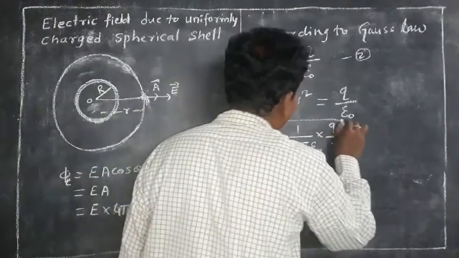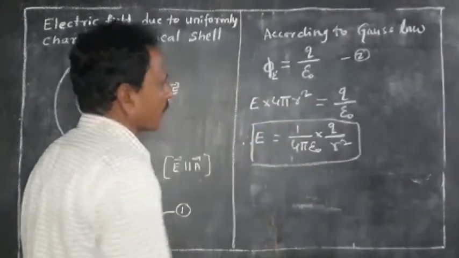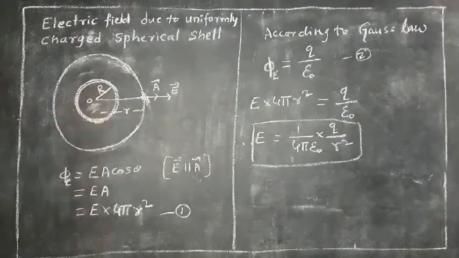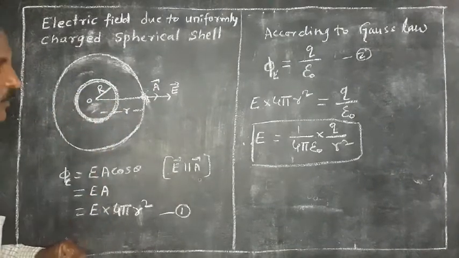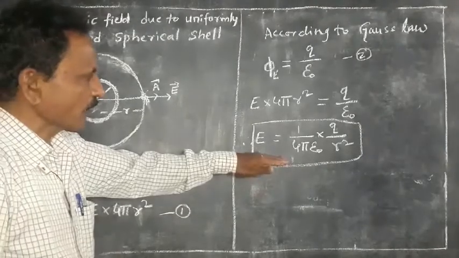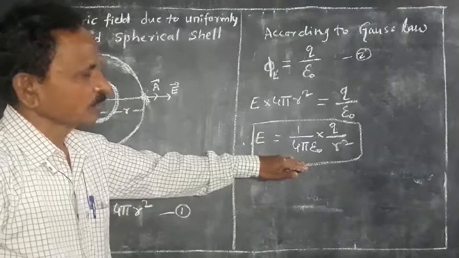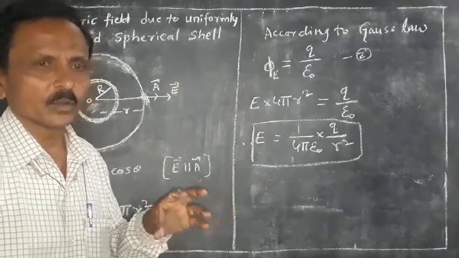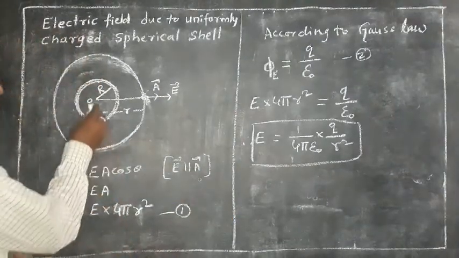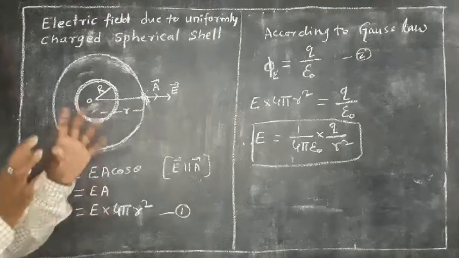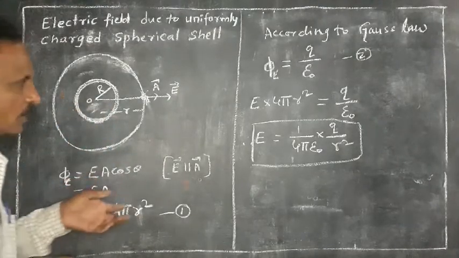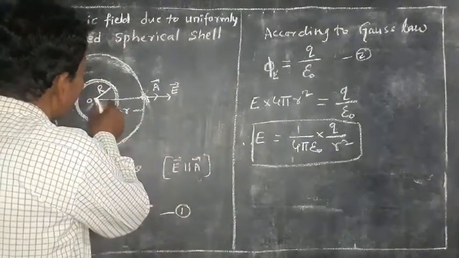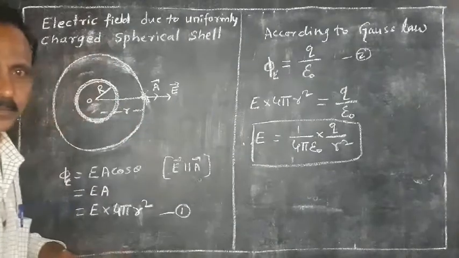Here r is the distance of the point from the center of the sphere. And this expression is similar to the electric field due to a point charge. But here the charge is uniformly distributed. When we observe this electric intensity from the outside, the field lines appear to come from the center of the sphere.